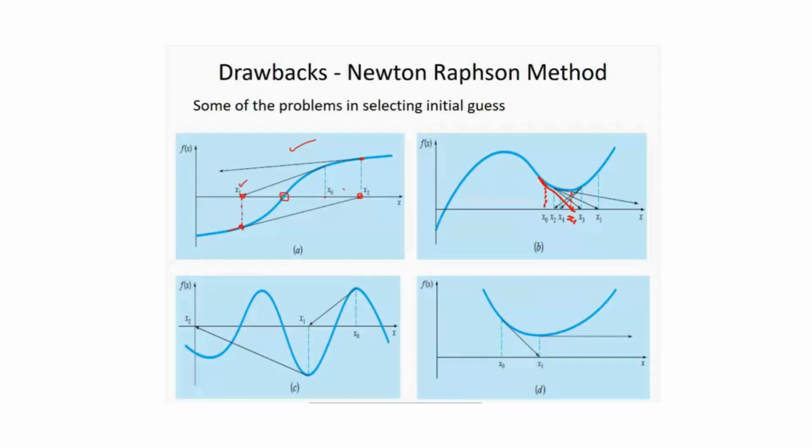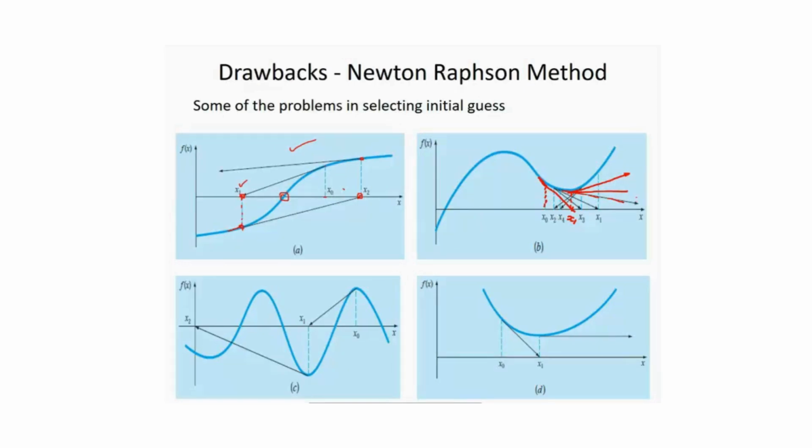In this case, when you draw a tangent, if the slope is such that it touches at the bottom, it may go like this, or if it touches the horizontal, it may go like this, or if it touches somewhere on the inclined line on the upper side, it may go like this.